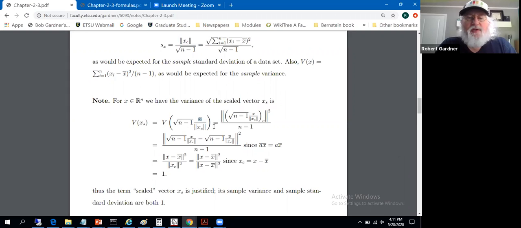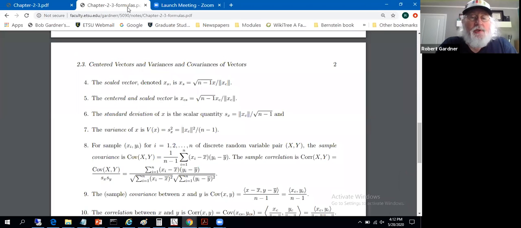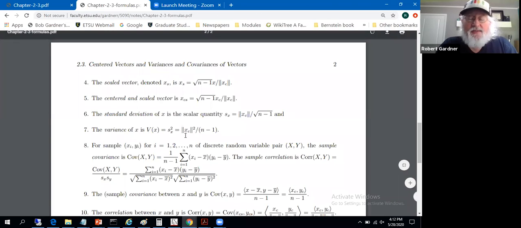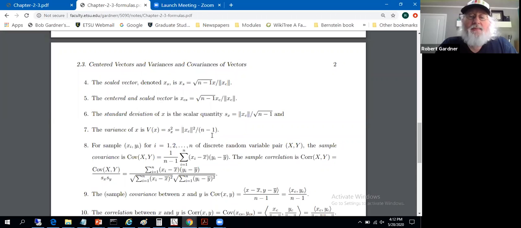All right, so here's the very definition of x sub s. We want the variance of that. How did we take variance? Let's go to the formula sheet. We calculated variance of a vector x by taking the norm squared of the centered version of that vector x, the centered counterpart, and dividing by n minus 1.